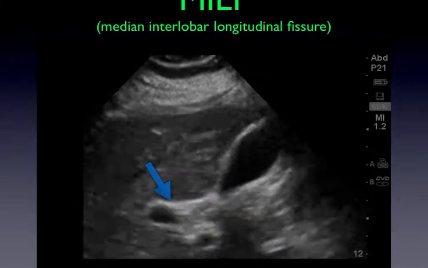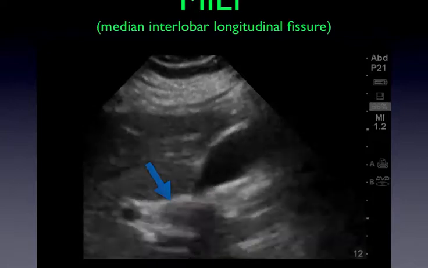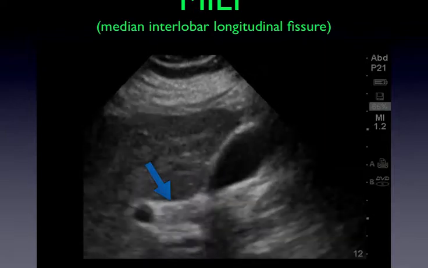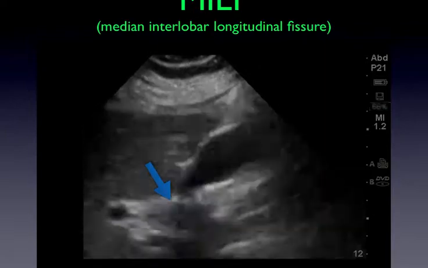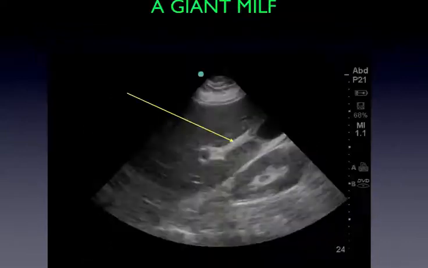So it's a great landmark. Likewise, if I find the gallbladder and I want to measure the CBD, if there's a MILF, I know at the end of the MILF, on the opposite side, I'm going to find the CBD. This over here is a rather remarkable MILF, a giant MILF, usually not seen this way at all, but interesting nonetheless.